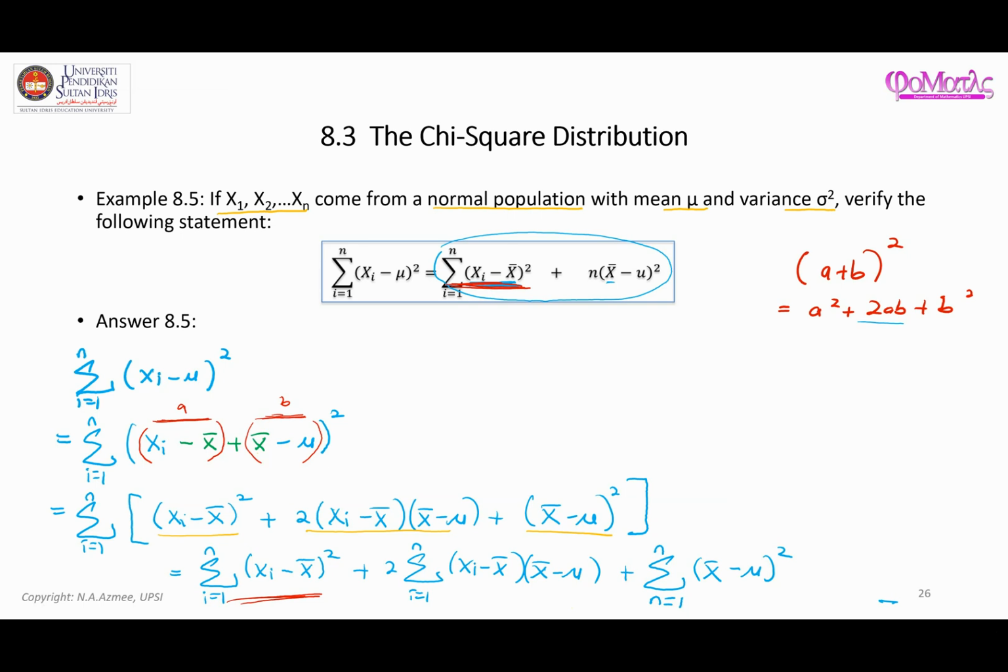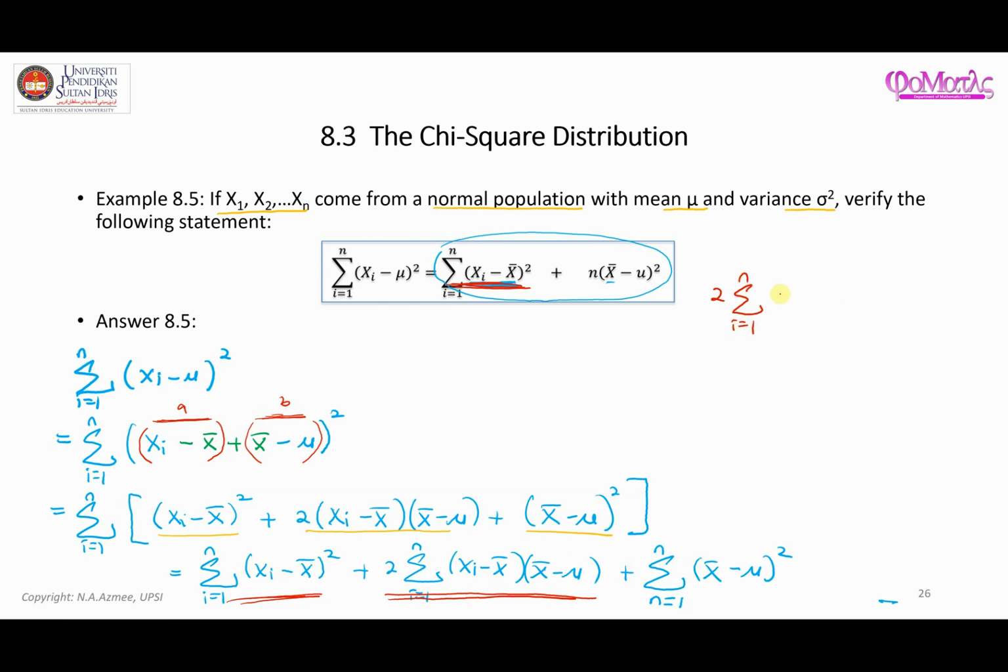Hang on, so this one here. For that one, we can see that it can be further simplified as 2, and we can expand this part.